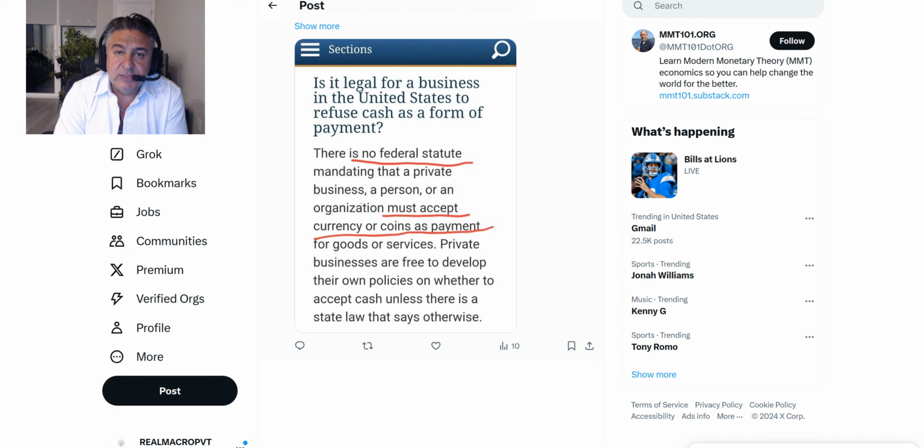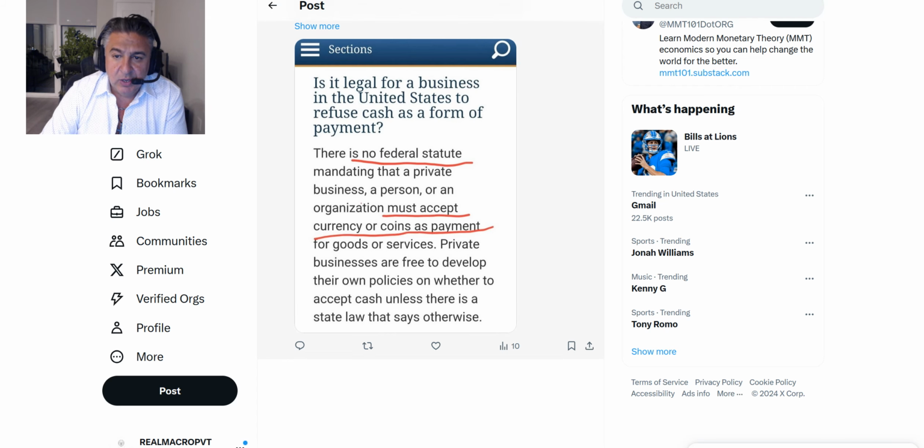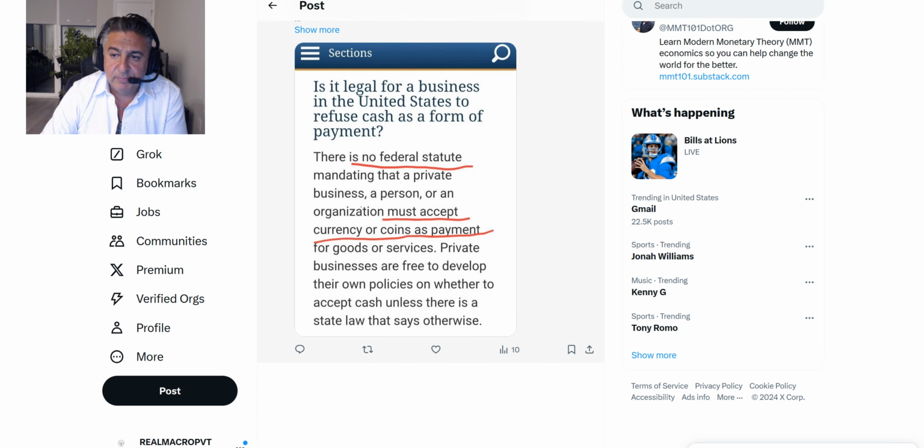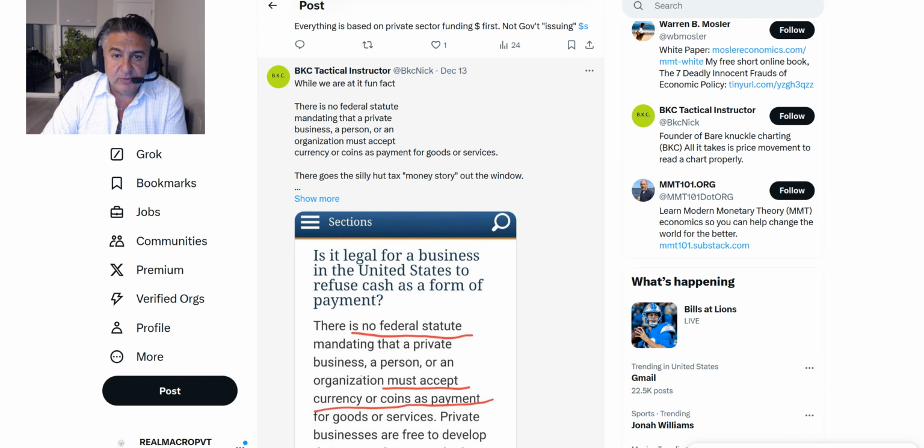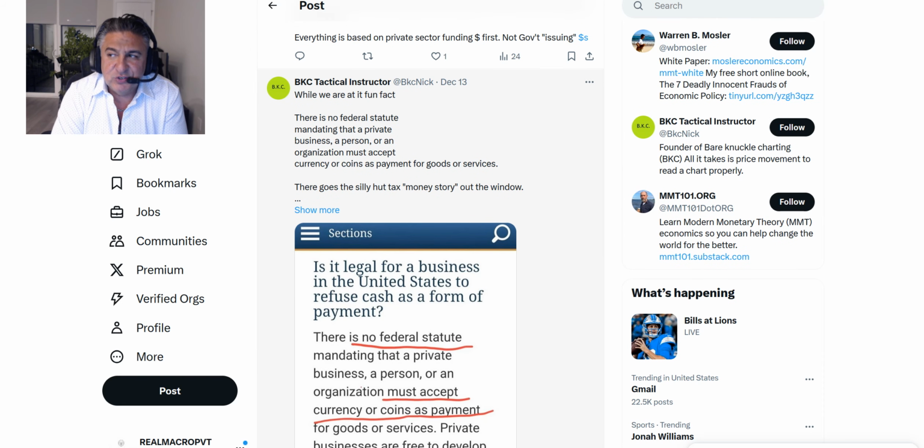So there goes the little hut tax that he likes to use. Well, hut taxes, if you don't pay your taxes, they're going to burn your house down. He's just making up stories that have no basis in reality, right? Nobody has to use a dollar. There's no law. So you don't have to. Should you? Yeah. But you don't have to.